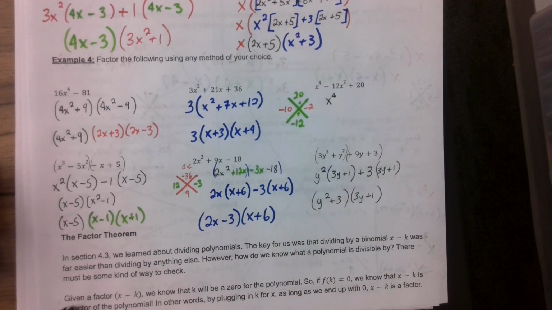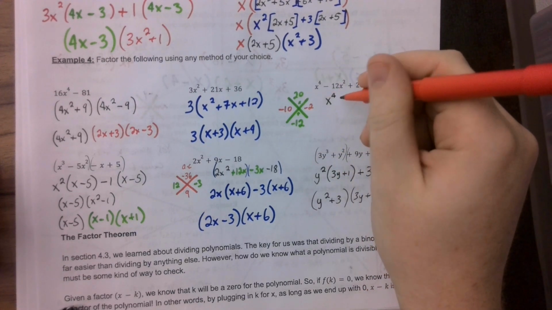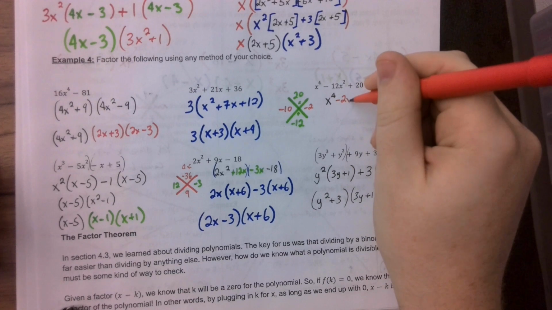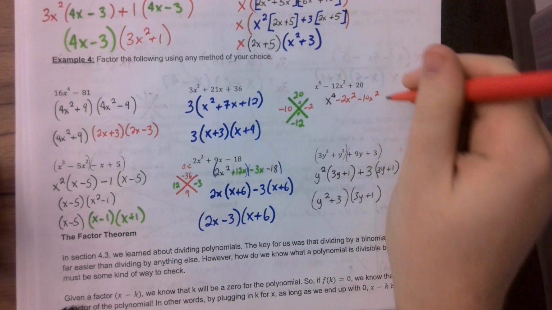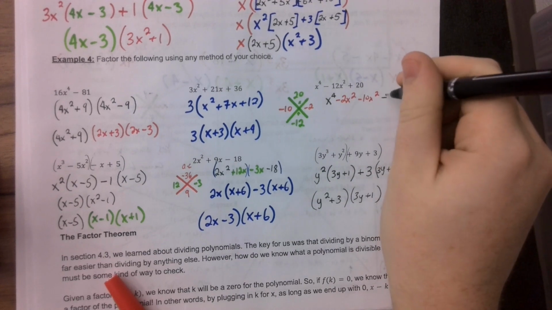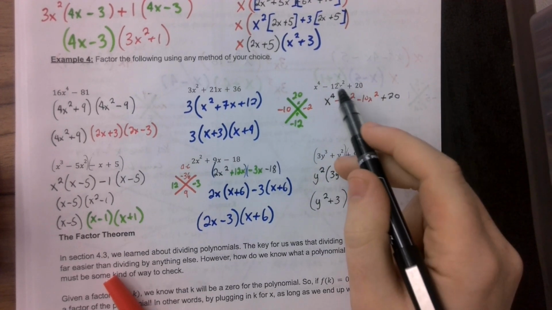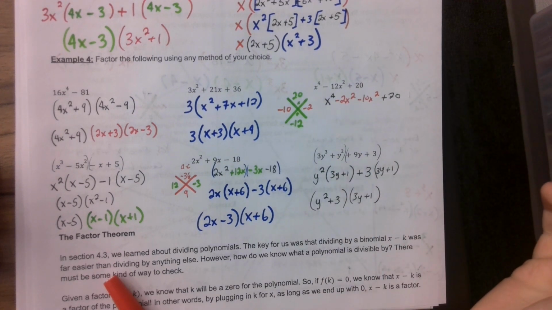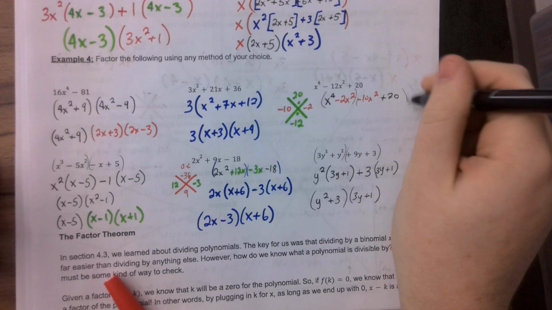Well, we could, if we wanted to, write this out like x to the fourth minus 2x squared minus 10x squared plus 20, because negative 2x squared minus 10x squared is just negative 12x squared. And we could factor by grouping here.